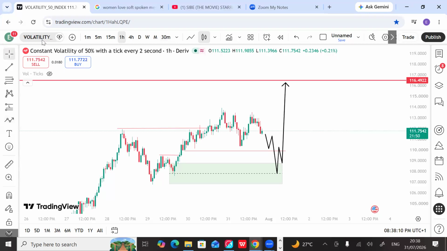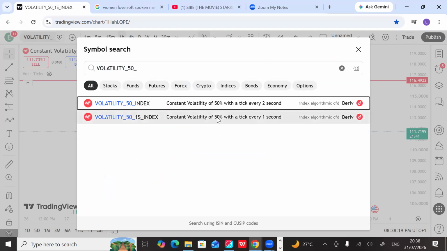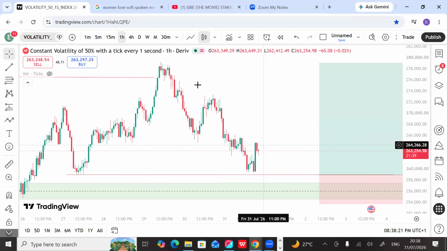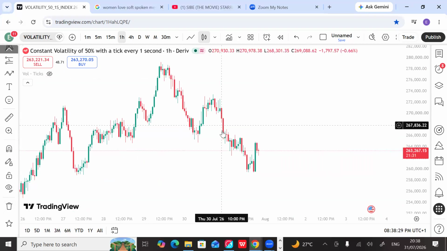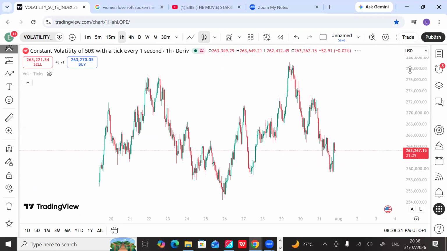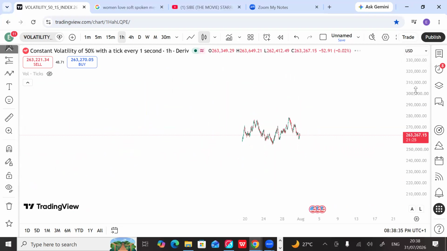VIX50. So I want to look at the 1S, which is right here. I have it mapped out already, but I'll just show you how I was able to frame my directional bias for this so that you catch the cruise swiftly without any delay, guys.